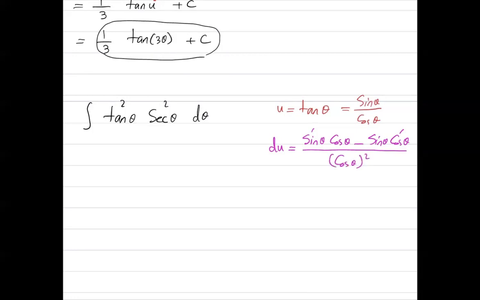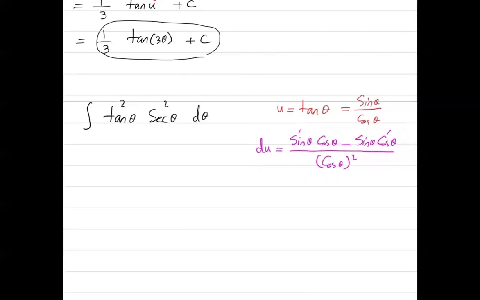And since you are taking the derivative with respect to theta, this is going to have d theta next to it as well. So again, remember that if you have f divided by g and you want to take the derivative, the quotient rule says it is f prime g minus f g prime divided by g squared.